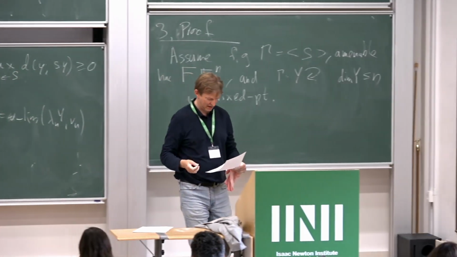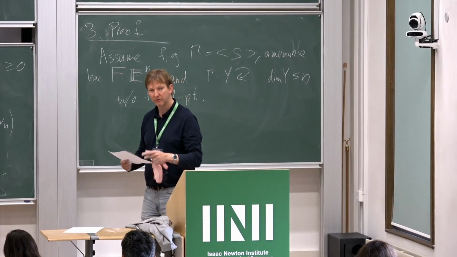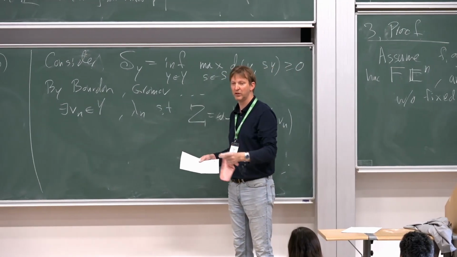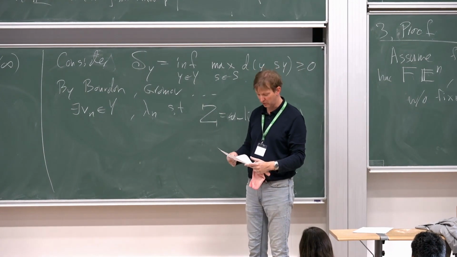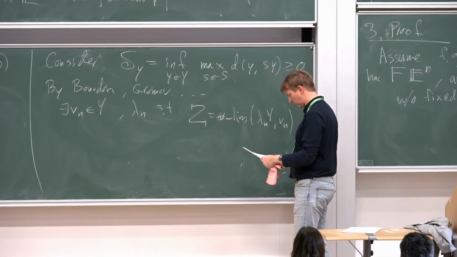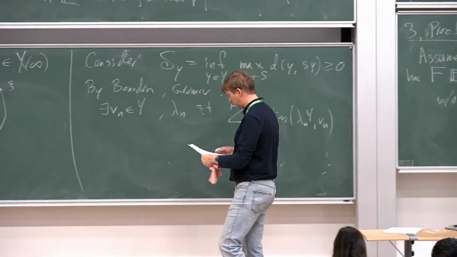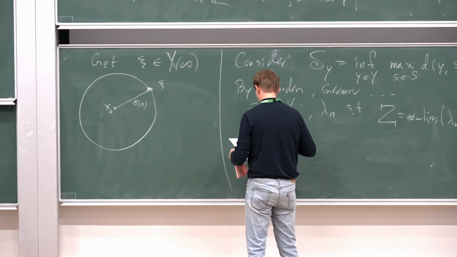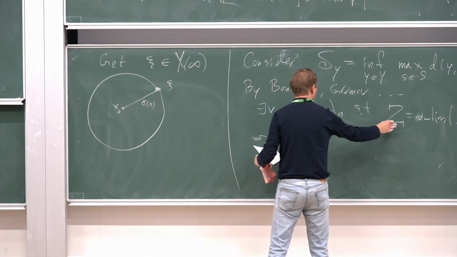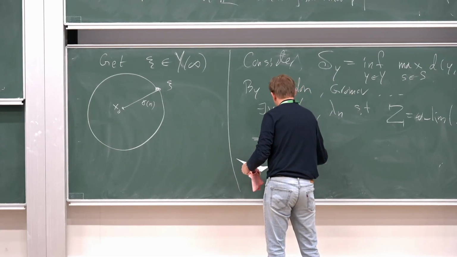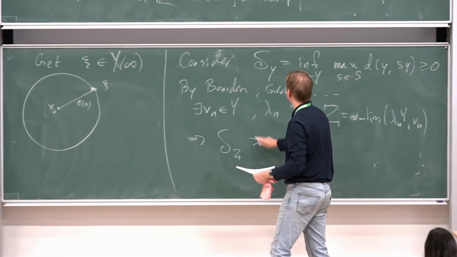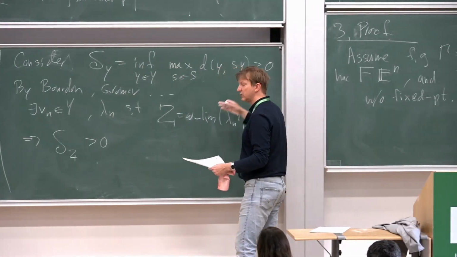I will not go into these, but by the way, for everything I say, the excellent reference is Dr. Kapovich's book on geometric group theory. I recommend this. They have a chapter on this also. Now, that's not so obvious, this argument, but when we pass to Z, it has the effect, through this scaling, that now this number is strictly positive.